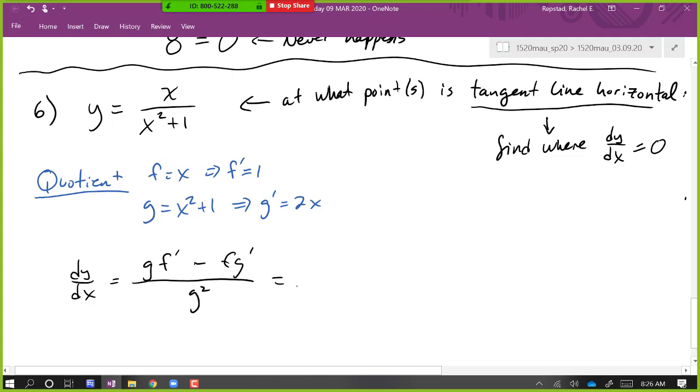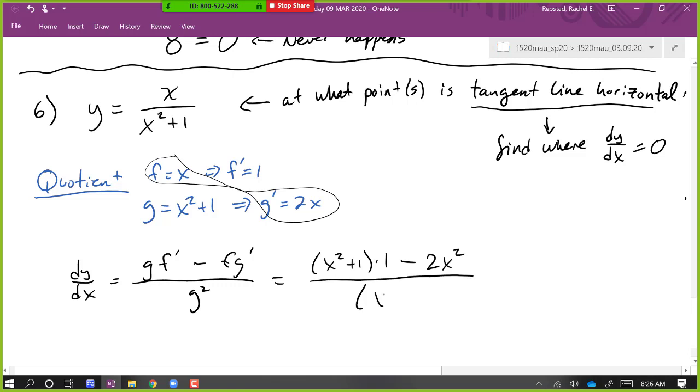So g times f prime is x squared plus 1 times 1, minus f times g prime; if I multiply these, I just get 2x squared. On the bottom, I've got the square of x squared plus 1.